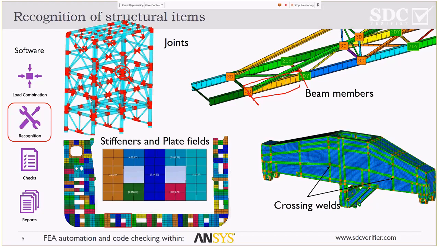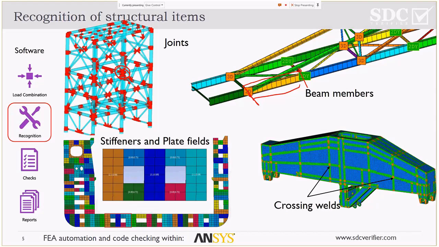If you want to calculate the fatigue calculation or structural strength, taking into account the weld strength as well, you need to recognize all the different welds and also need to see the different behavior of, for example, a crossing weld or a weld tip or a continuous weld. So that is what we recognize on the right.